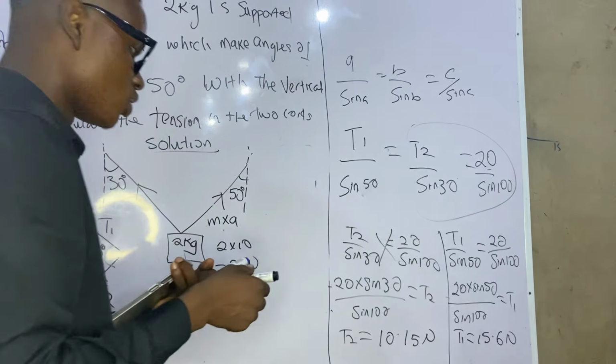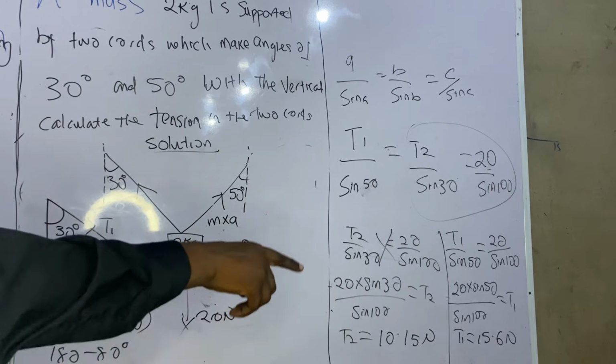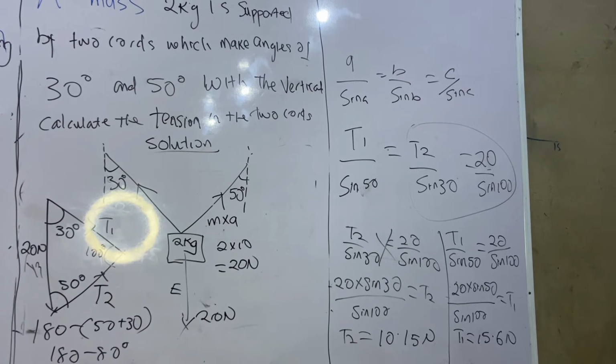So we've gotten our T1 and our T2. Our T1 is 15.6 newton. Our T2 is 10.15 newton.